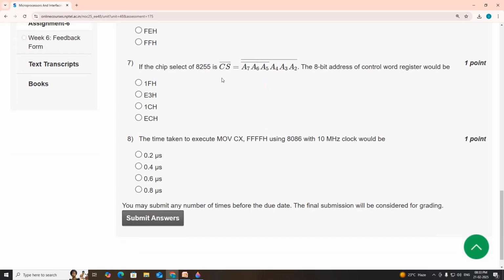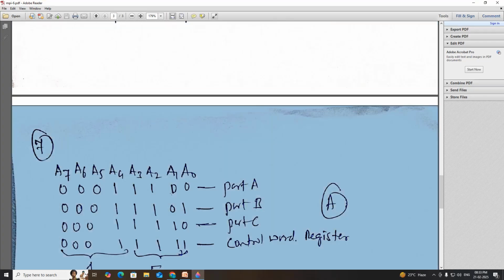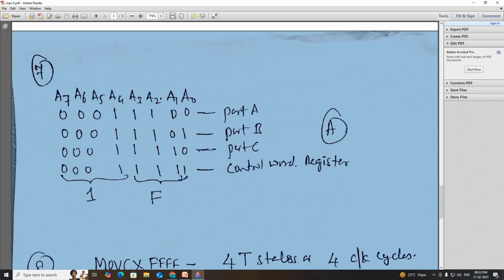Seventh one, a similar one. Here we have A7, A6, A5 as 0, 0, 0, and A4, A3, A2 as 1, 1, 1. Again 00 means port A, 01 is port B, 10 is port C, 11 is the control register.